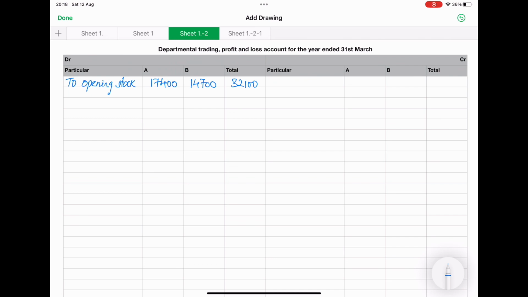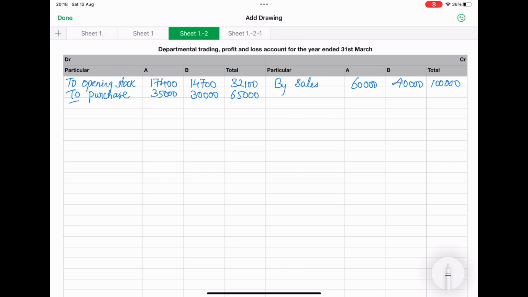Next, purchases: 35,000, 30,000, total 65,000. Next, by sales. Sales and closing stocks will be on the credit side. By sales 60,000, 40,000, total 1 lakh.